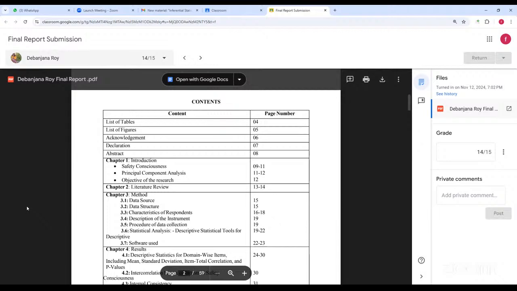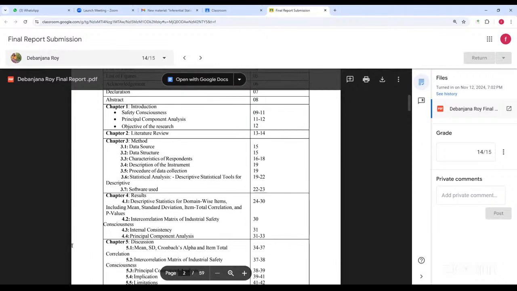Data structure covers mainly the number of rows and number of columns, and whether the data is categorical data or the metric data, and whether you are changing or transforming the data or not, that will be presented here.